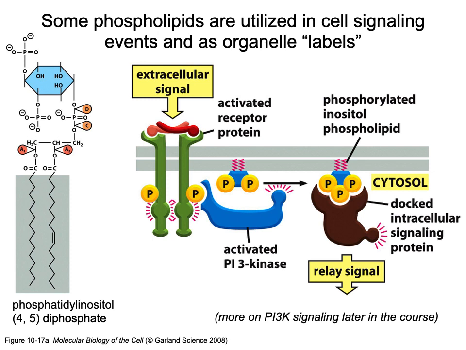So again, some phospholipids are actually utilized in cell signaling. We had talked about that in previous slides. We're going to have that negatively charged phospholipid, and that negative charge acts as a way to hold a phosphate. So you can see in this figure how we have this phosphorylated phospholipid. When we're looking at cell signaling, again, this would be present on a lipid raft.